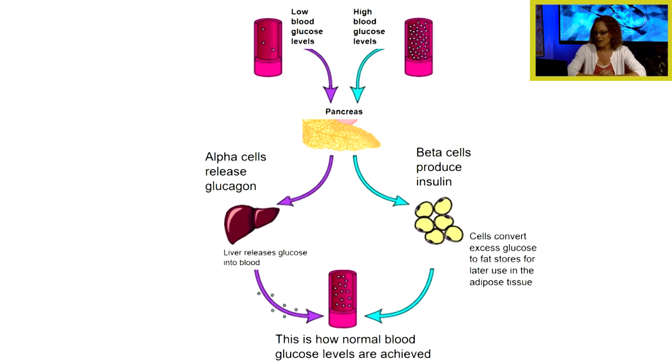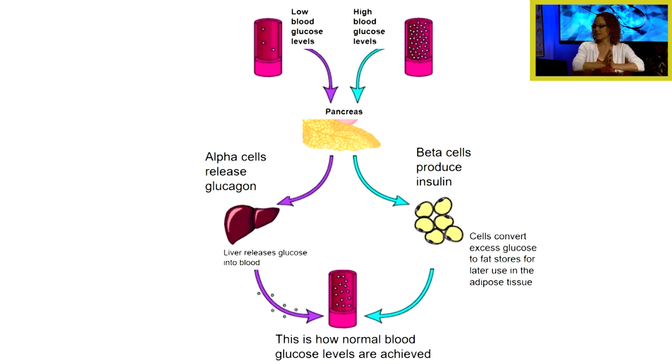So what we mean here is that maybe our blood glucose levels are a little bit low when we wake up in the morning, in which case the alpha cells will release some glucagon, all right? And then our liver can release some glucose into our blood so that we can achieve a normal blood glucose.